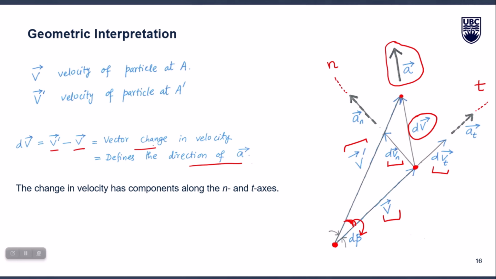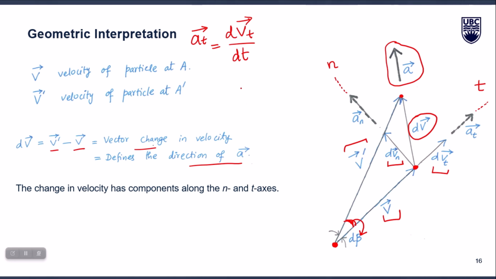So after this notation is clear, let's now write what dv sub t and dv sub n are, because if we can calculate the dv sub t vector and divide it by dt, what will this quantity become? A sub t, because this will become the tangent component of acceleration, right? So this quantity is the change in the t component of the velocity change vector, which will become the acceleration's t component.